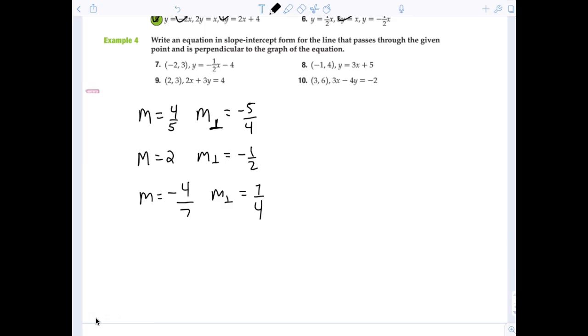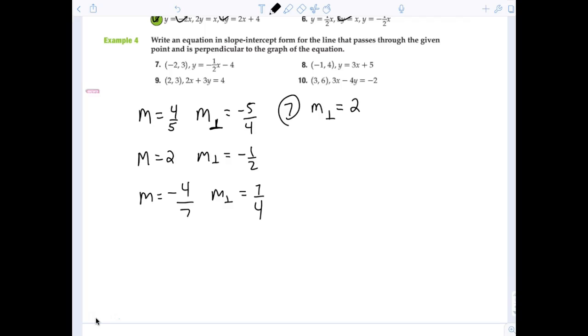Now what I'm going to do is take a look at question number 7. Someone who's paying attention, the slope of the perpendicular would be what? Cole, tell them, please. Thank you.